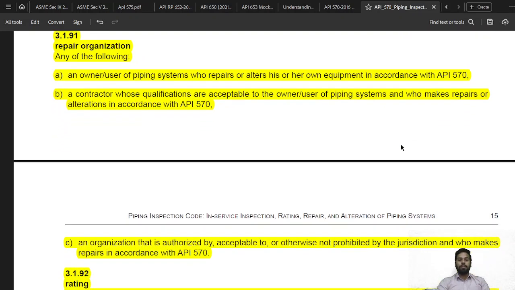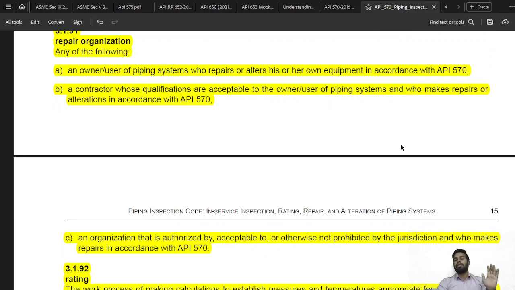Repair organization: any of the following is considered to be a repair organization. Owner or user of the piping system who repairs and alters his or her own equipment in accordance with API 570. A contractor whose qualifications are acceptable to the owner or user of the piping system and who makes repairs and alterations in accordance with 570.